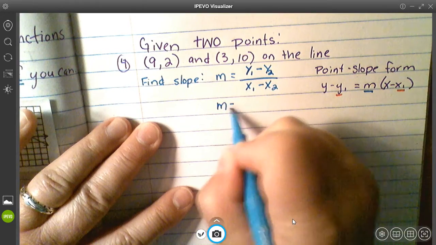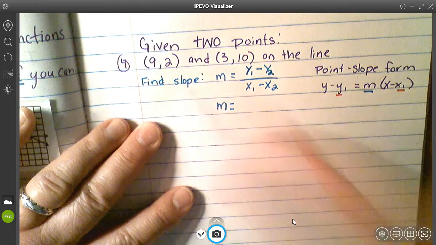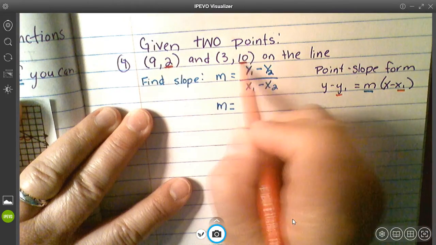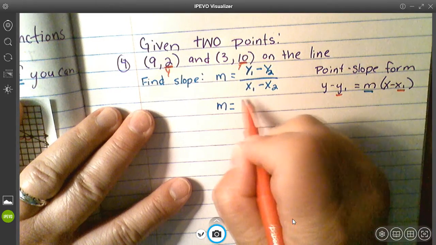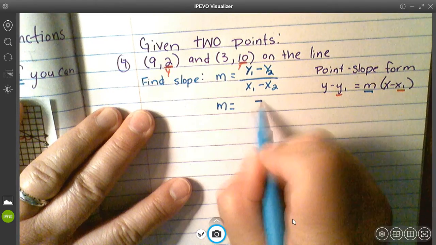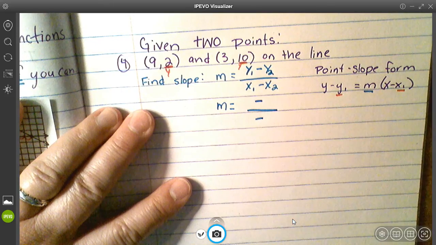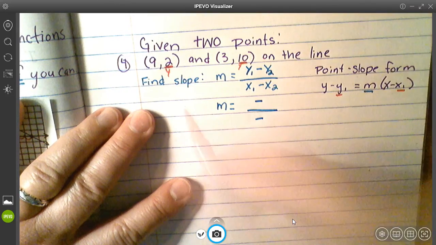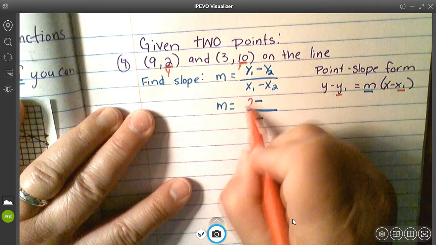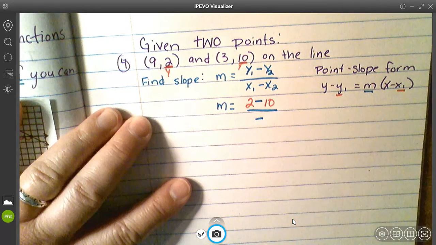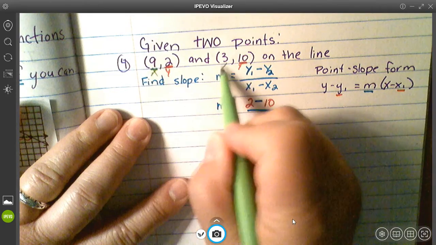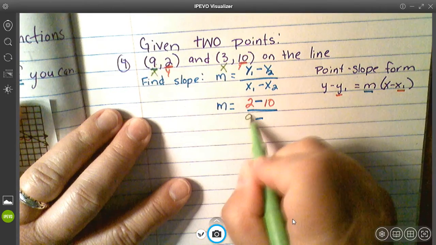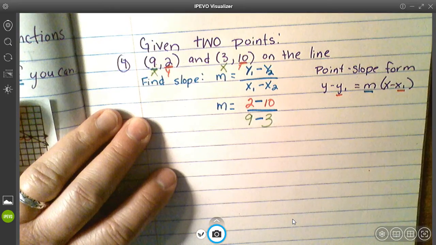So here's my slope. I have my y's, y1, y2, or vice versa. So don't forget, it's always subtraction. And what am I plugging in? 2 and 10. And then for my x's, I have x here and an x here. So 9 and 3. All right, so what do we have?